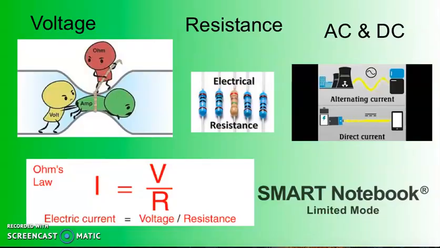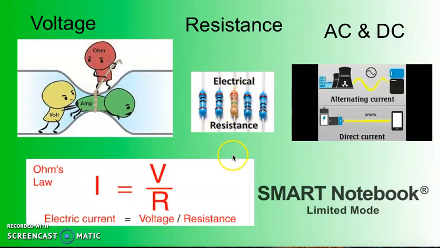Now with electricity, sometimes it's good to have resistance. If you have uncontrolled electricity flowing through the wires, that can be very dangerous. So we have figured out that you can control the resistance, that you can have a limited amount of electricity going to, for example, your house. In your house, if you plug into any given outlet, it's not going to have but about 120 volts, which is the voltage.